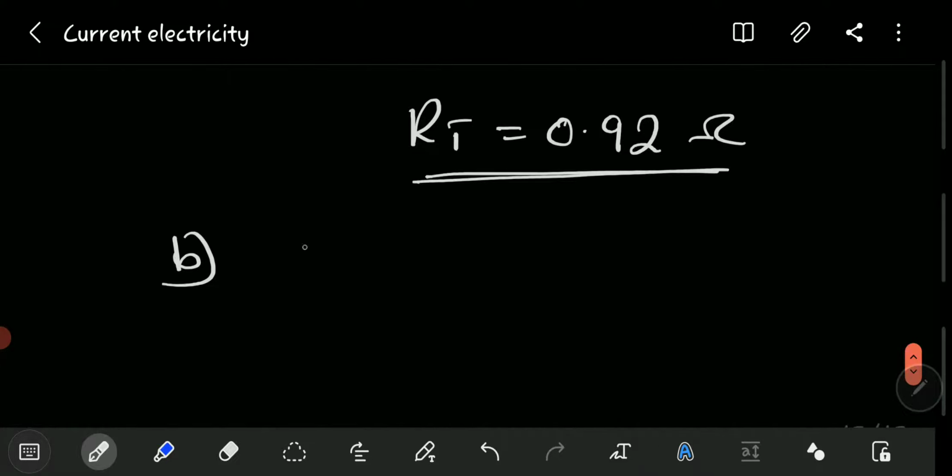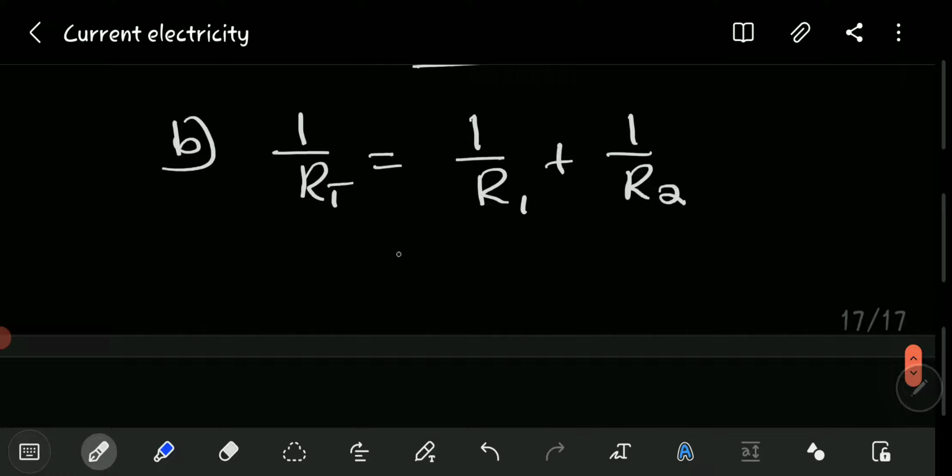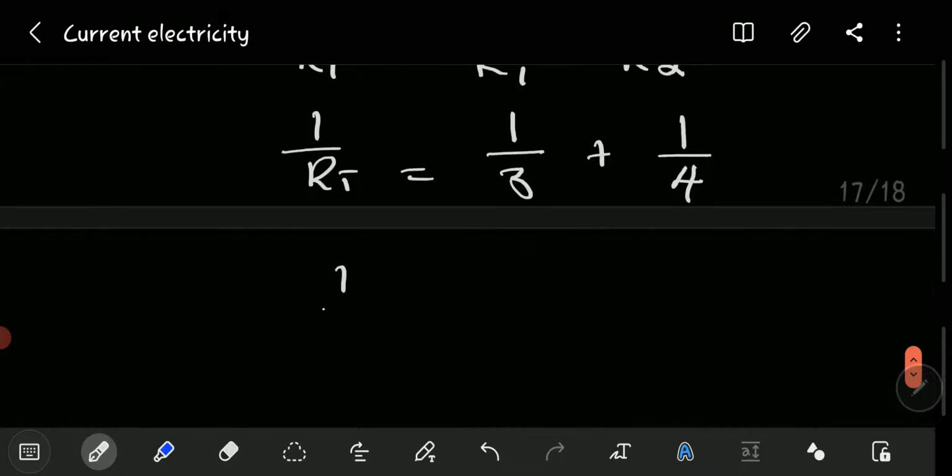So we're going to say 1 over the total resistance is equal to 1 over R1 plus 1 over R2. Then 1 over R total is equal to 1 over 3 plus 1 over 4. We look for the lowest common denominator, which is going to be 12.